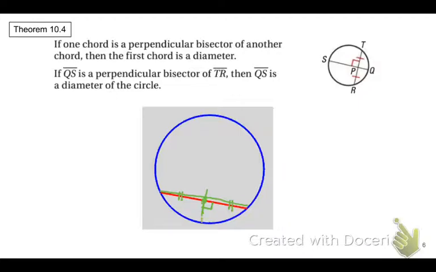If we draw that out and make it a chord, sorry for my squiggly line, it turns out that this has to be a diameter.